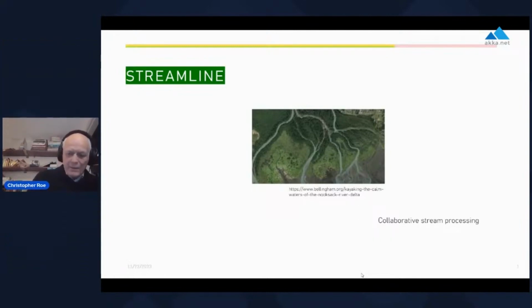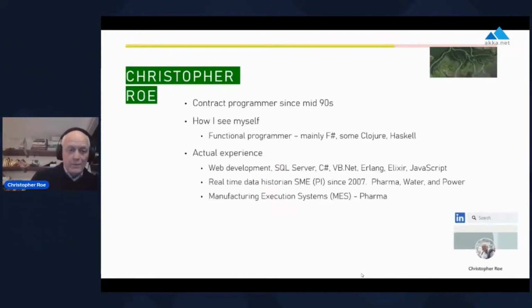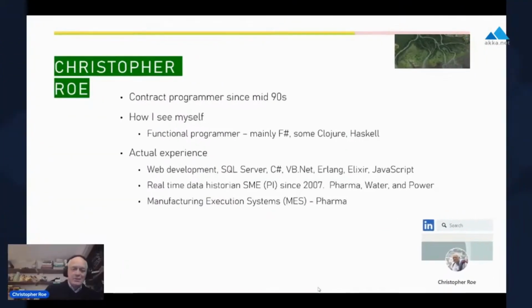Right. Well, many thanks for that. My name's Christopher Rowe. I've been a contract programmer since the mid '90s, for about half my adult life. Since the mid 2000s, I've been working in the manufacturing, power, and water industries, and the project I'm going to be talking about is motivated by my experience in those sectors.